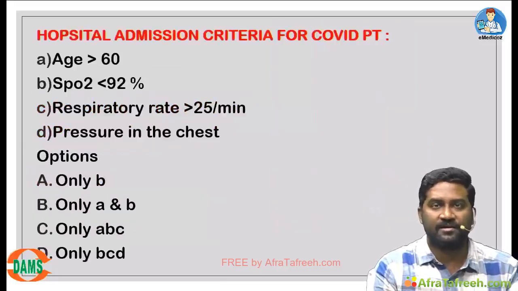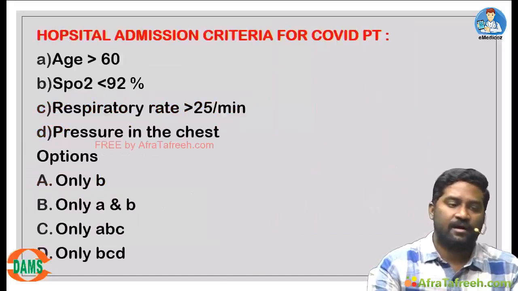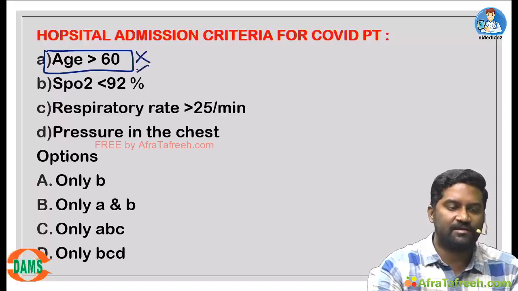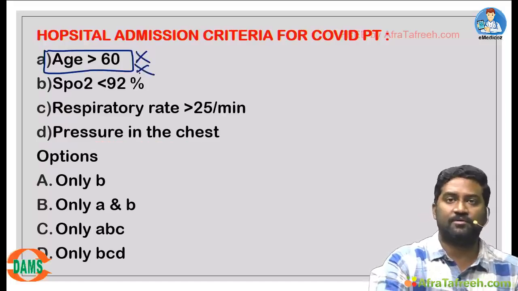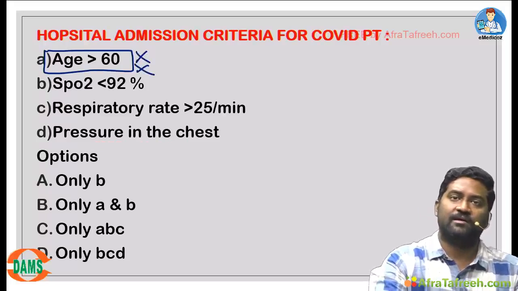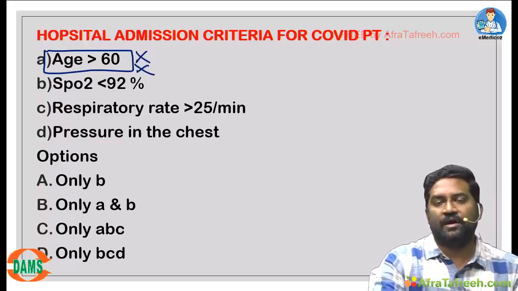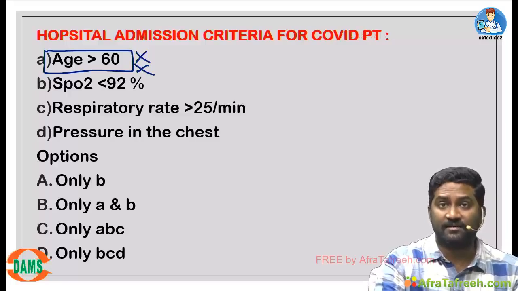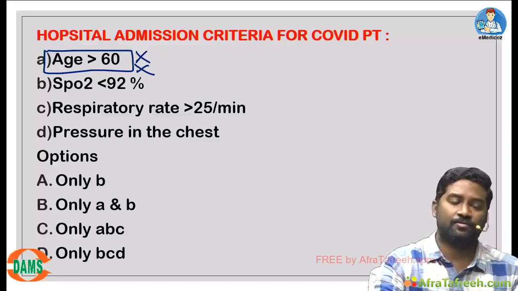Hospital admission criteria for COVID-19 patient. Age more than 60 individually is not a criterion. If at all you take age more than 60 for admission, then all the hospitals will be filled in our country. So more age is not a criterion for admission. It is a criterion for close monitoring even at home.